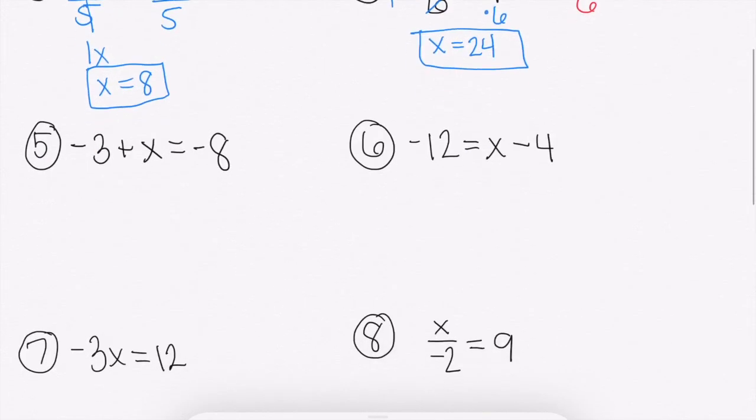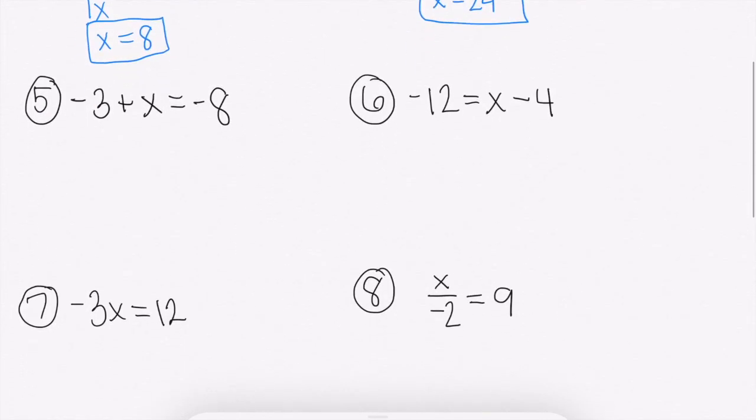These next few might be a little trickier because they are integers, which might confuse us a little bit. For example, with number 5, we have x plus a negative 3. Before I told you, if you have add, you want to do the opposite operation, which is subtract. However, we're adding a negative 3.